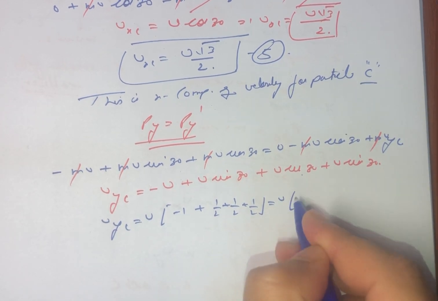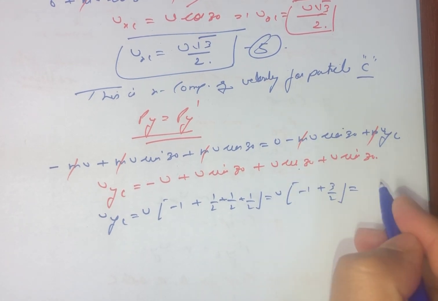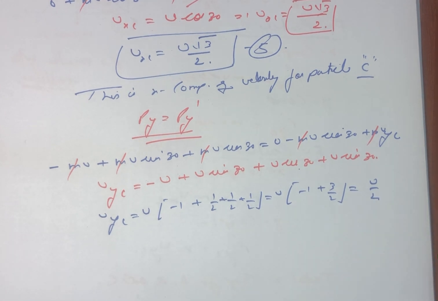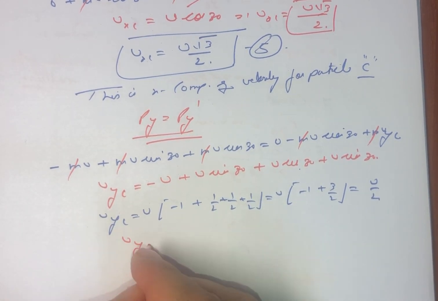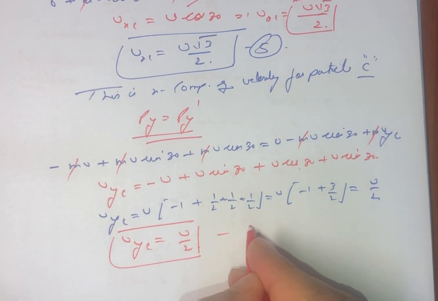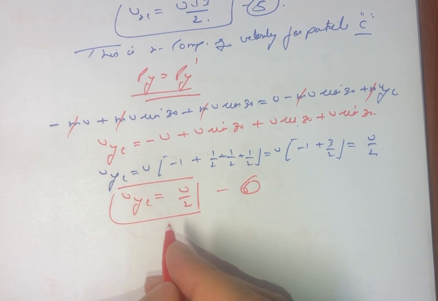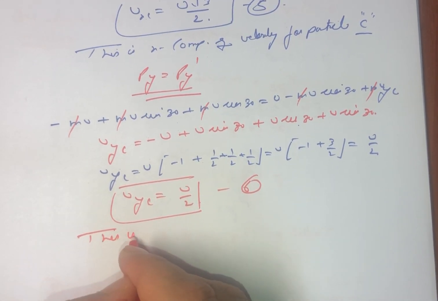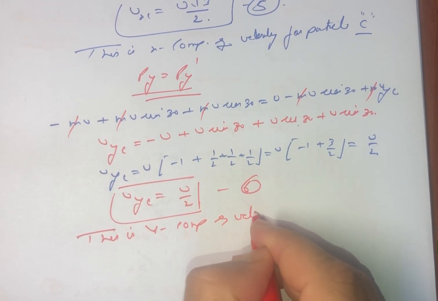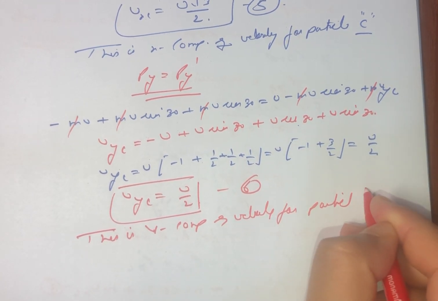So this is equal to v times minus 1 plus 3 by 2, or we can say this will be coming as v by 2. So we get vyc is equal to v by 2. That is equation number 6, and this is the y component of the velocity for particle c.